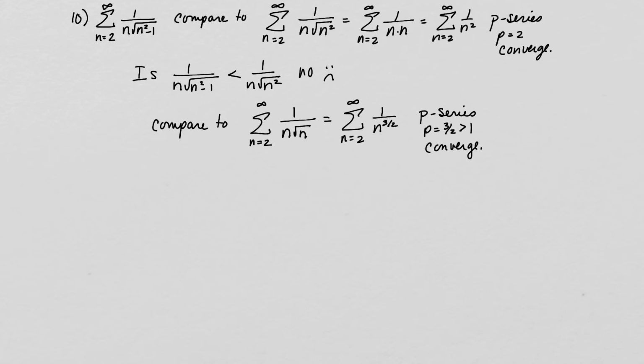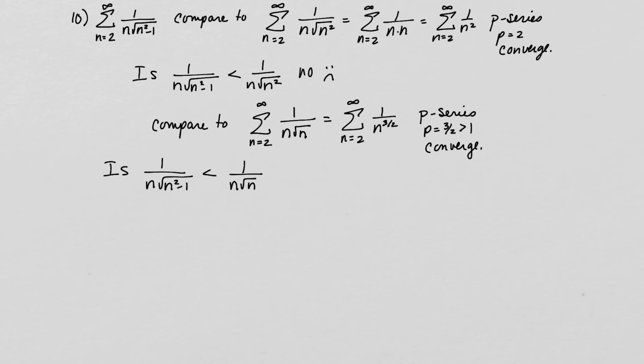Now I want to figure out: is 1 over n square root of n squared minus 1 less than 1 over n square root of n? You could put it in a calculator or into Desmos and look at it.